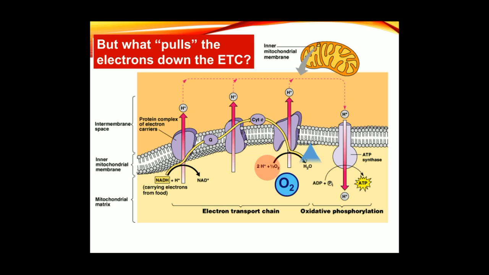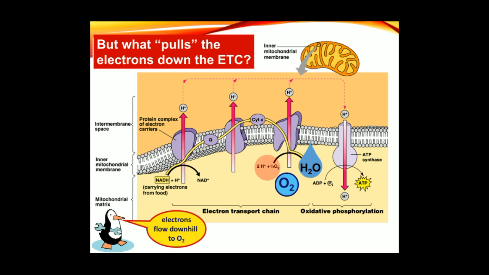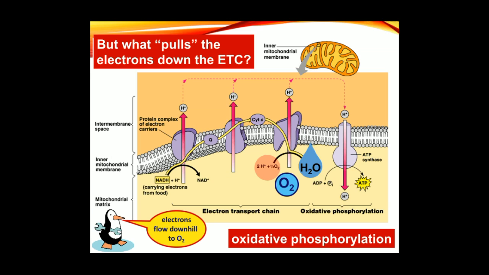As you can see, half a molecule of oxygen binds to 2 H plus and thus converts into a water molecule here. So this is the basic idea here, guys. Electrons flow downhill to O2 and oxidative phosphorylation occurs. Oxidative itself says it requires oxygen. This is the concept here, guys.